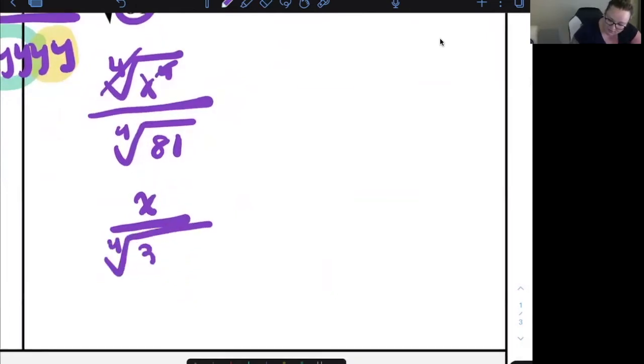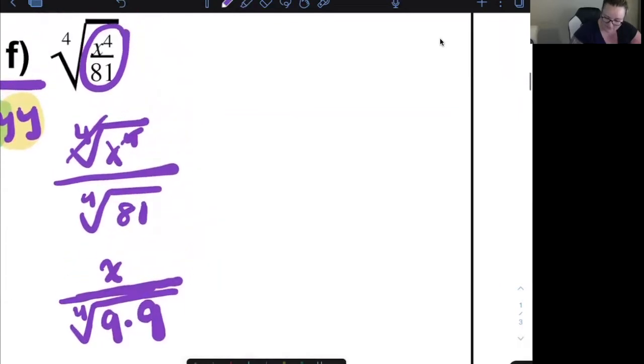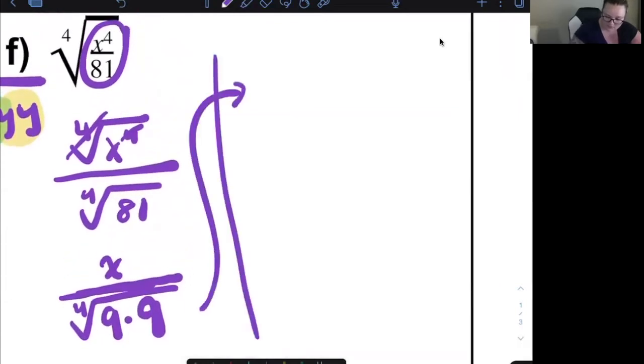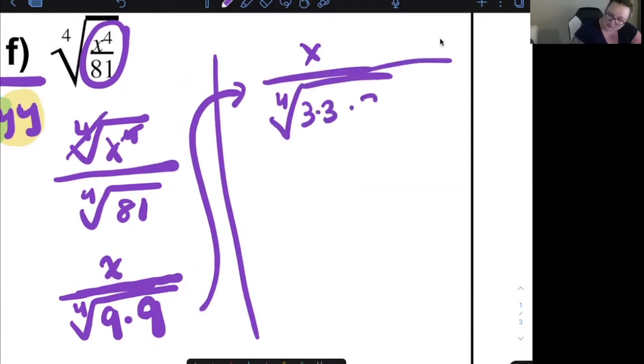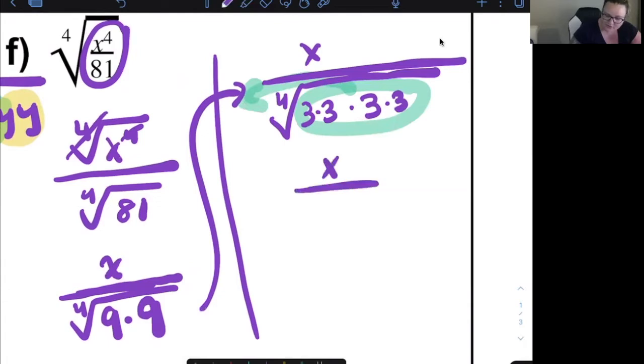Well, 81 can be broken down to 9 times 9. 9 is 3 times 3, and 9 is 3 times 3 again. So I've got a group of 4 3's. I'm going to bring that 3 out in front of the radical and nothing would be left under the radical, so I don't need it anymore.